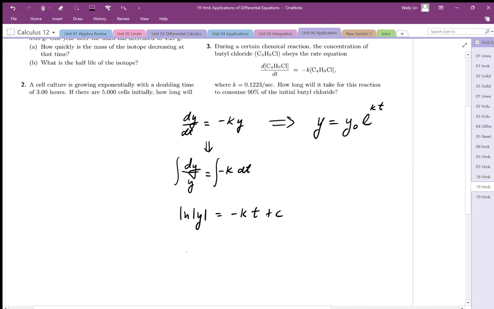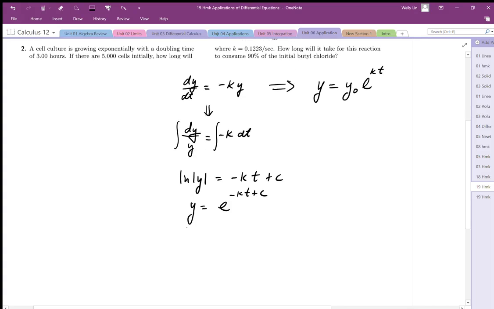This becomes y equals e to the negative kt plus c, and then that e to the c becomes our y naught value. So y equals e to the c times e to the negative kt.